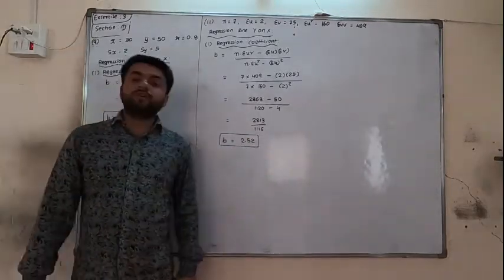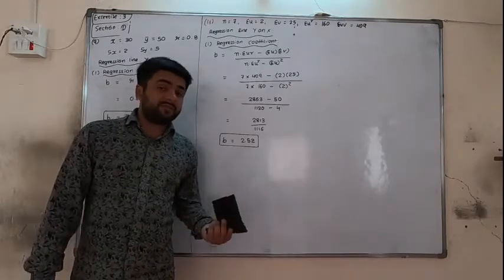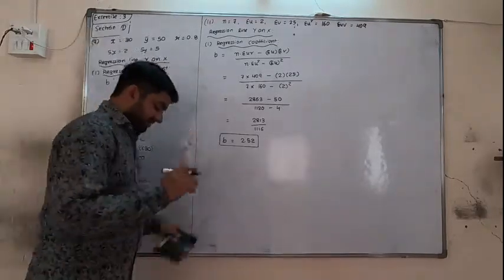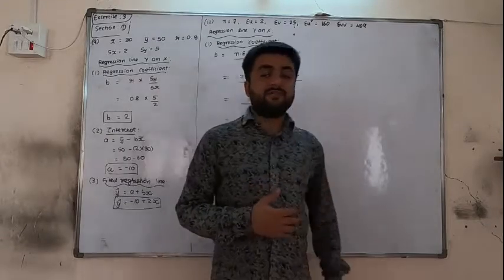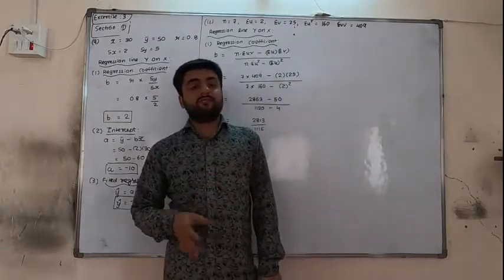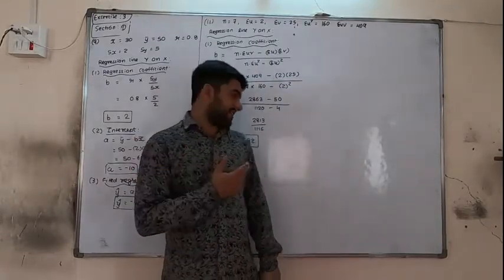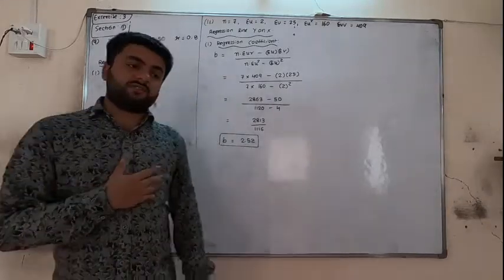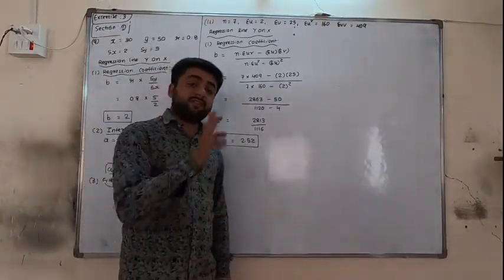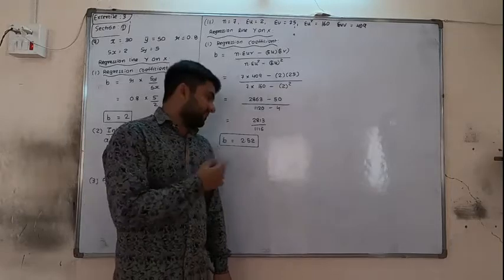So B is 2.52. Now we have to interpret B also. As you know, yesterday also I explained how to write the interpretation. For one unit, first you check B. If it is positive, then both are increasing. If it is negative, then one will increase, other will decrease. So B is positive.